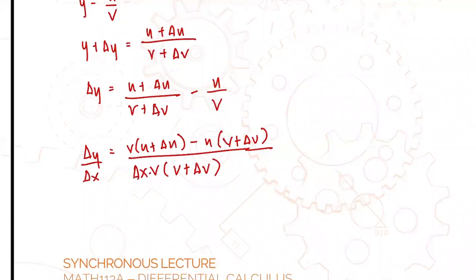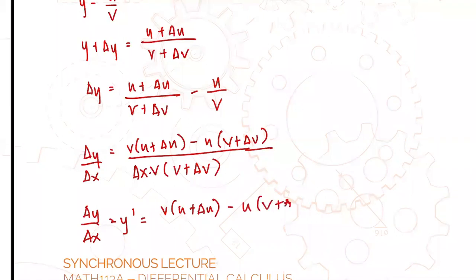Okay? So we have delta y over delta x. So ibig sabihin, ito na yung y prime natin. Is equals to v times u plus delta u minus u times v plus delta v, all over delta x times v times v plus delta v.